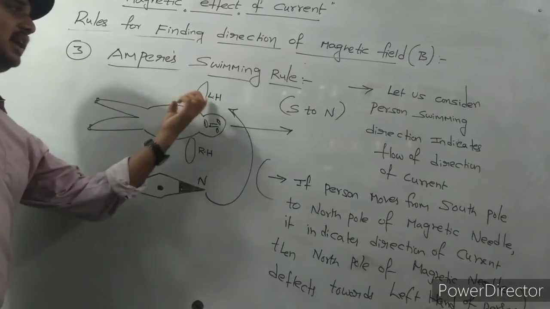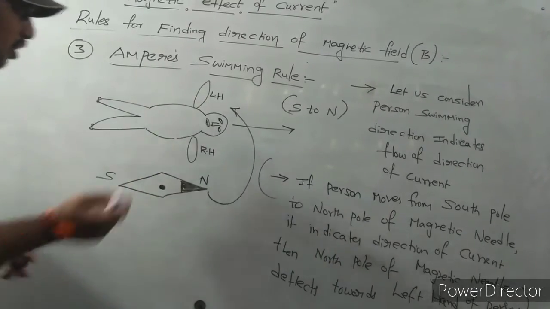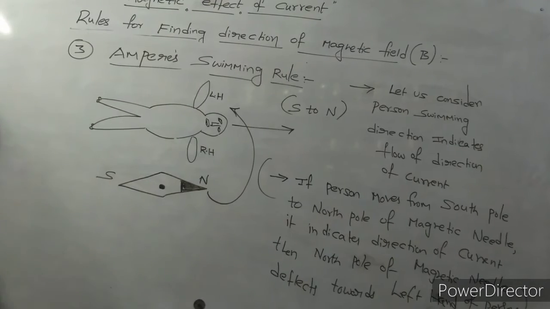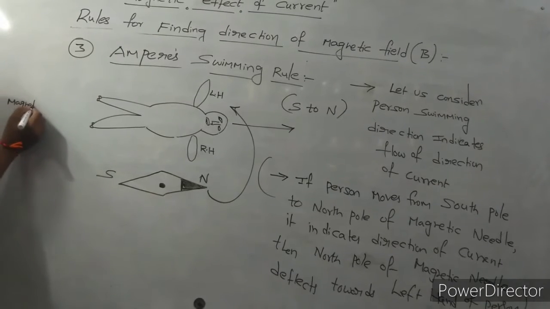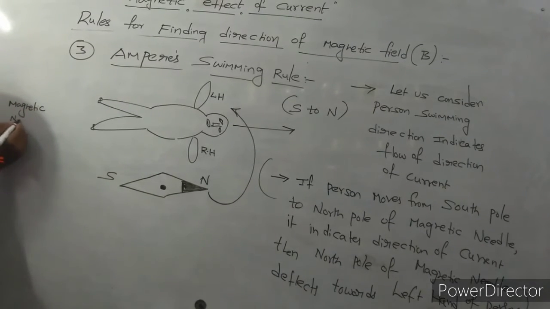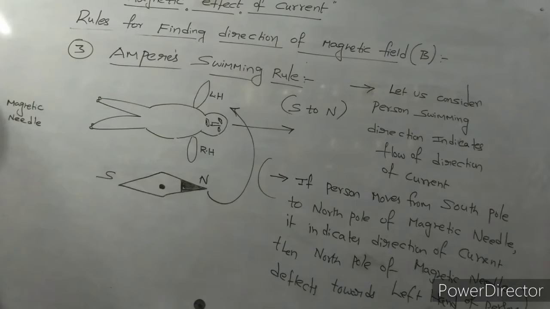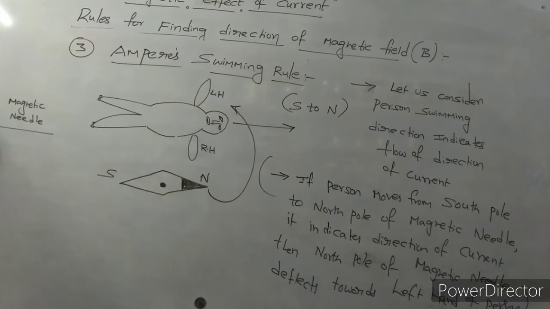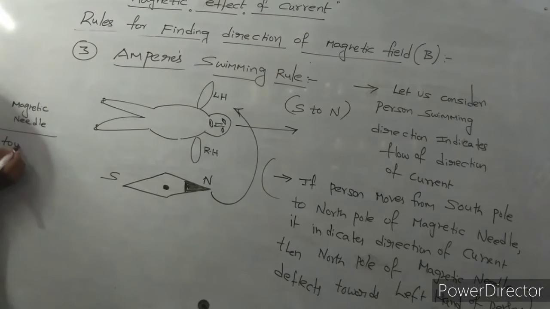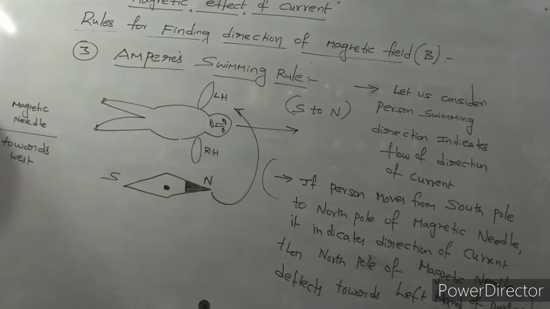Left hand is nothing but west. If the current direction is south to north, then the magnetic needle deflects towards west.